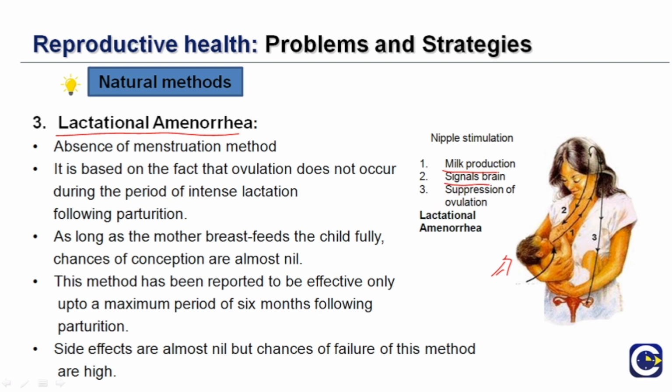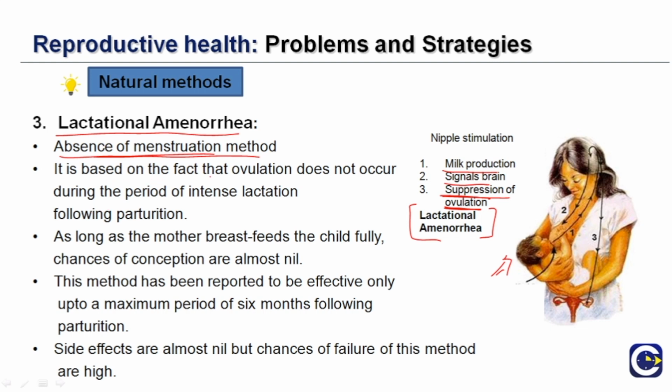This signals the brain and causes suppression of ovulation. So there is no active ovulation taking place in the female body while she is breastfeeding her child. And this is called lactational amenorrhea. This method is also called the absence of menstruation method, because there is suppression of ovulation when the mother is breastfeeding the baby, and therefore there is absence of menstruation as well.